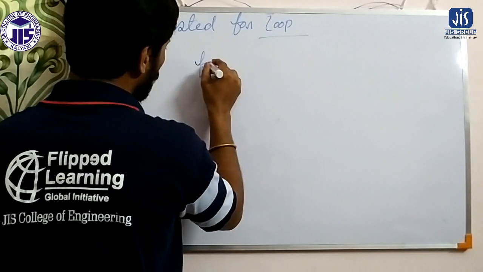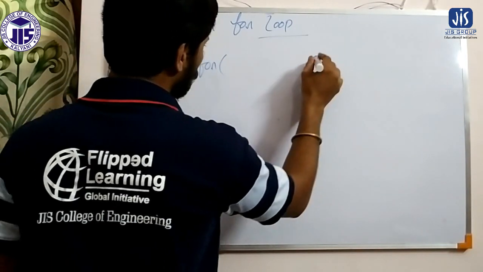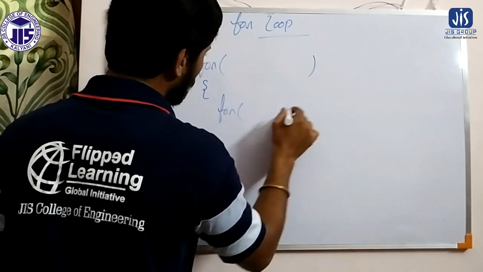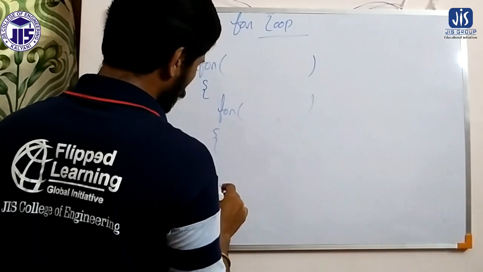That means this is one for loop, and inside this for loop we can write another for loop.